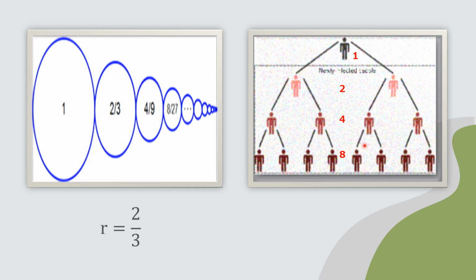We can imply that our first term is the person on the top of the diagram, so we have 1 as our first term. Since we have 2 persons on the second row of the diagram, we have 2 as our second term. Dividing these will give us a common ratio of 2. So r is equal to 2.